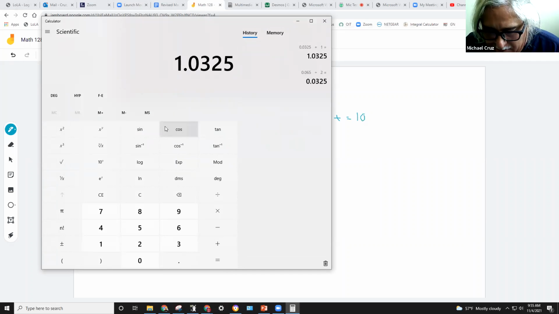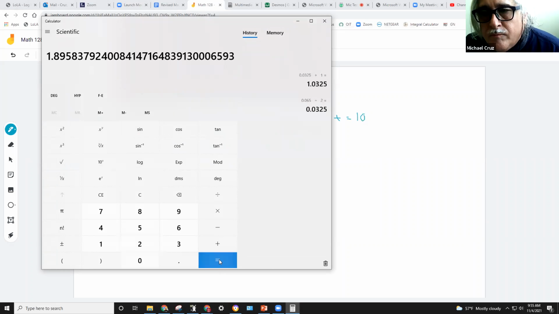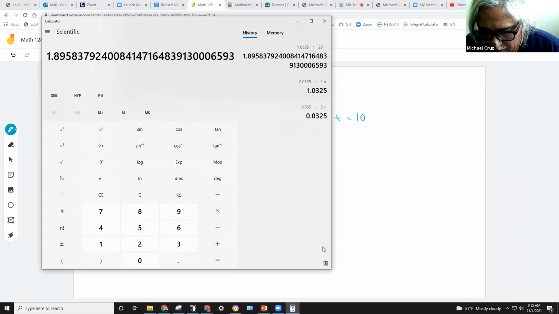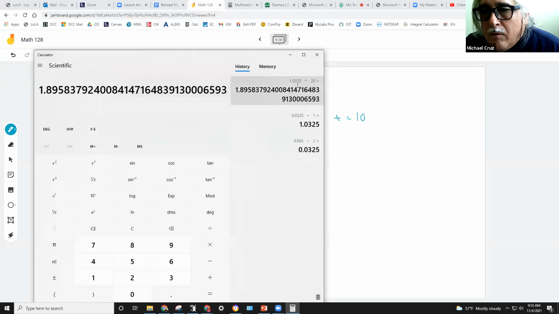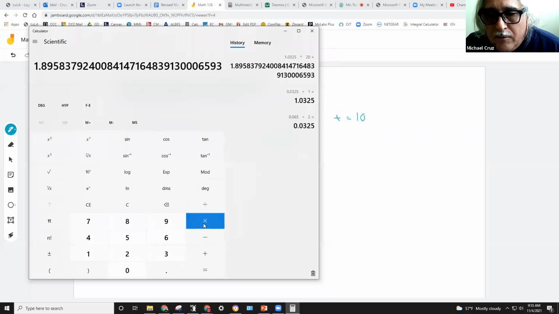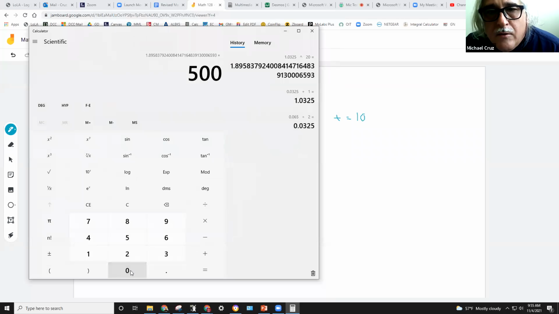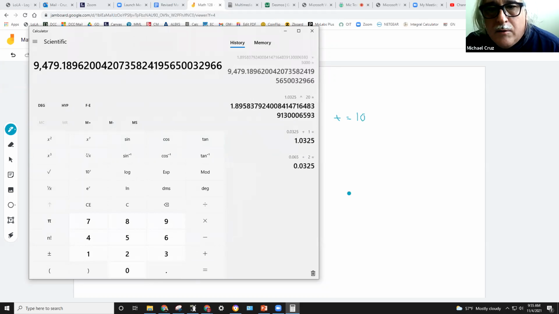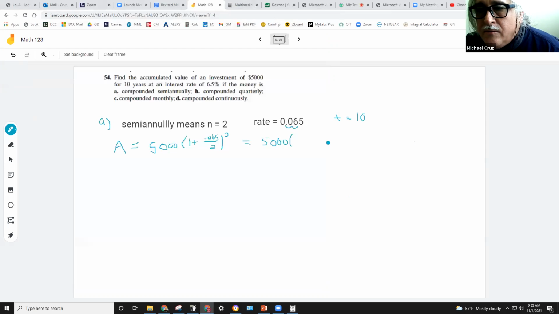That's my base, and I'm going to raise it to the 20th power. So that's going to give us, wait a second. Did I do that right? I sure did. Times 5,000, so that gives us 9,000.